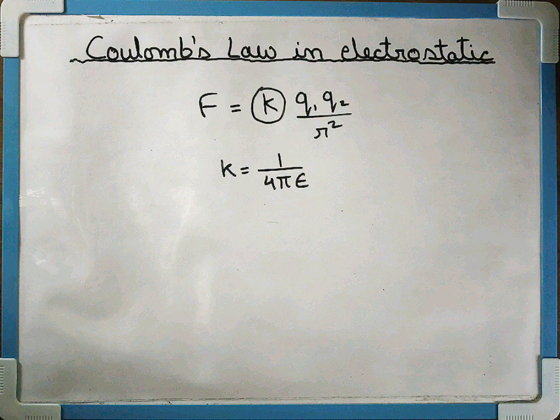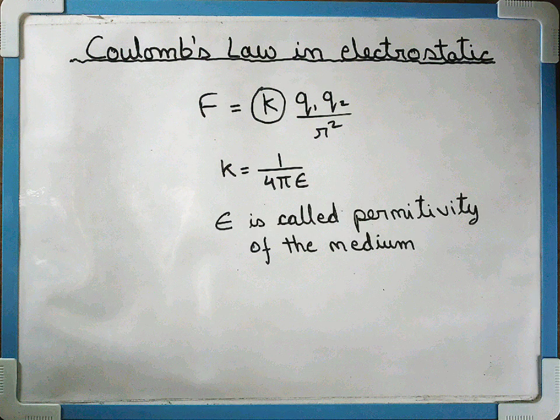Now again, this epsilon is known as permittivity. This depends upon the nature of the medium in which the charges are placed. So if epsilon is large, K will be small, and if epsilon is small, K will be large.